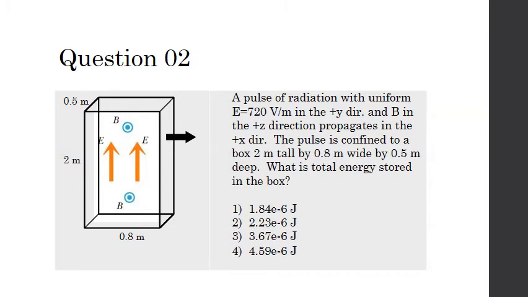What is the total energy stored in the box? I want you to try and calculate what this value is, and then I'll give you another. You can pause the video to figure out an answer, and then come back and look at the result.